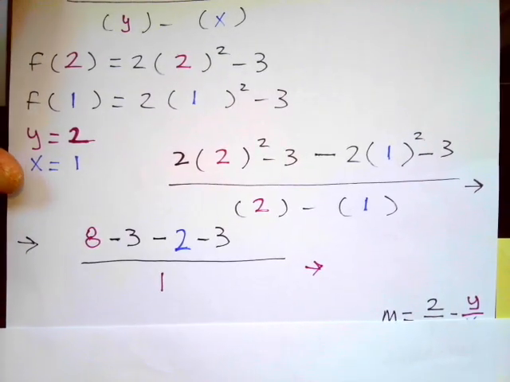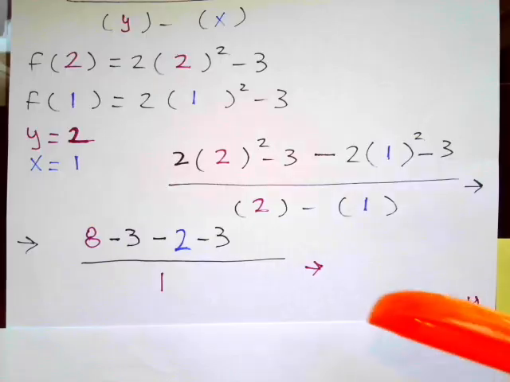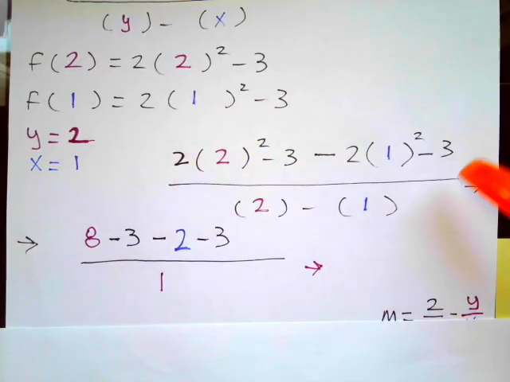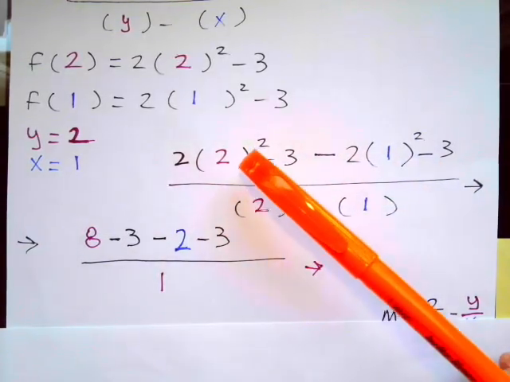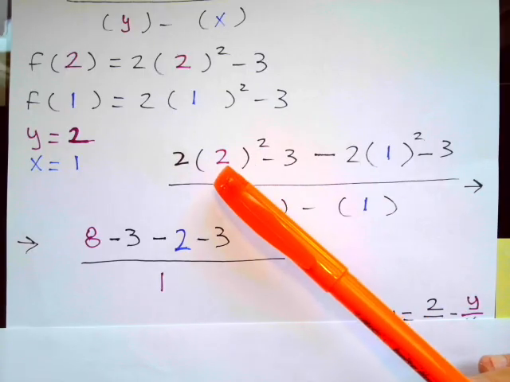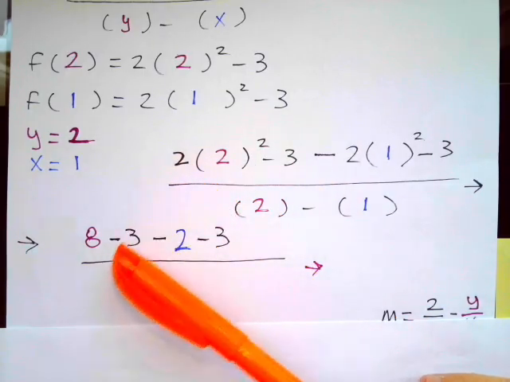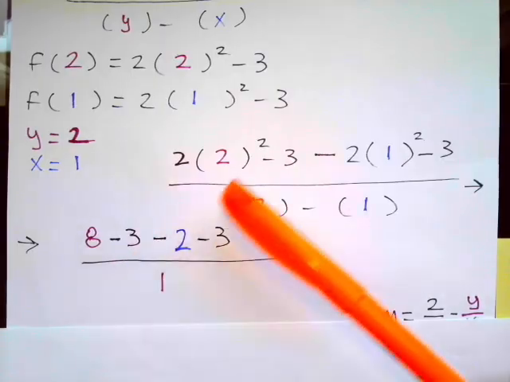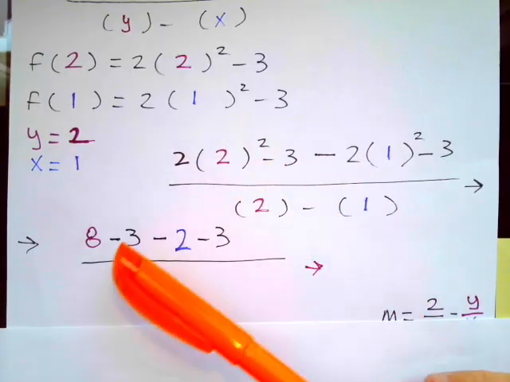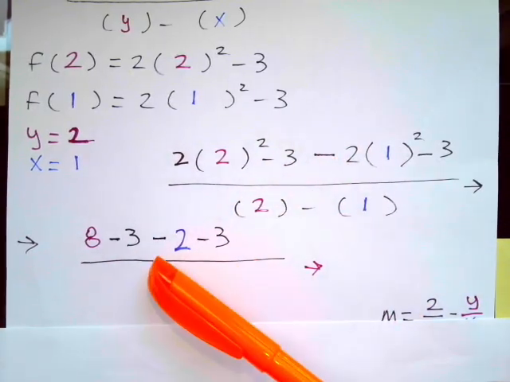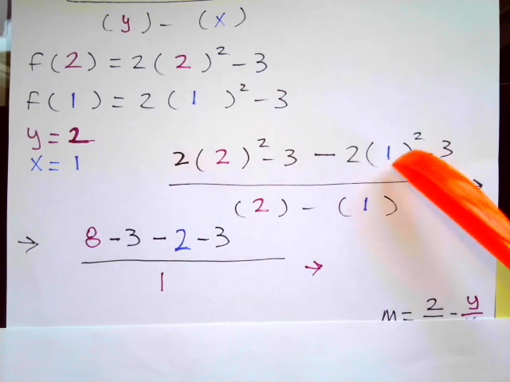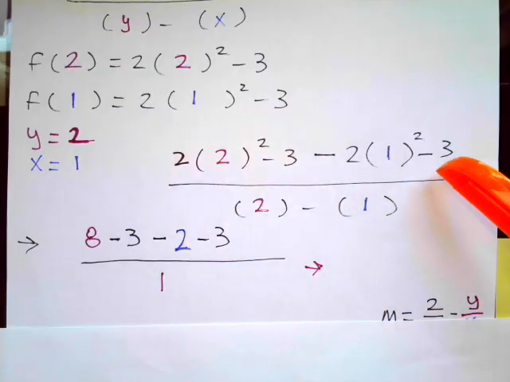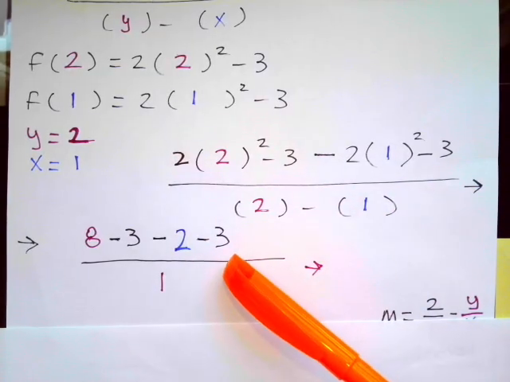All right, so again, we're going to simplify the formula. 2 squared is 2 times 2, which is 4. 4 times 2 is 8. And I'm just going to bring down that plus negative 3 here. Minus, minus. 1 squared is 1 times 1. 2 times 1 is 2. So I bring down the 2. I bring down that negative 3 as well.